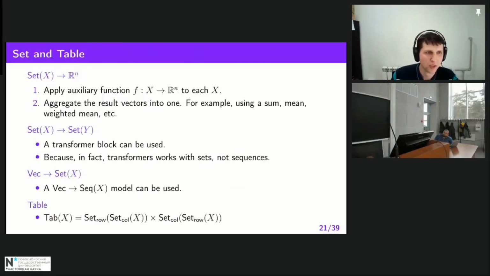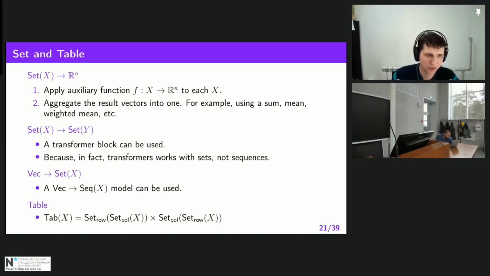In analytic combinatorics, we can represent a set of X as a sequence which can be permuted, because it doesn't consider the order of elements in the set. But in this approach, set is also some kind of terminal type.